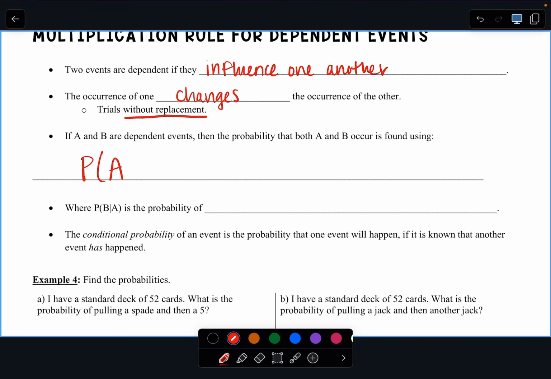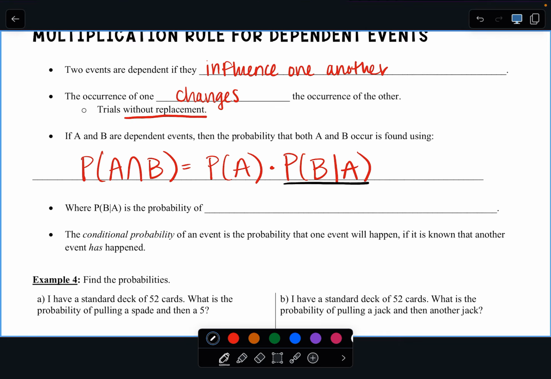So the probability of A and B is equal to the probability of A, still multiplication, times the probability of B, but B is going to turn into a conditional statement. This conditional statement we're going to define down here. That means the probability of B given A has already occurred.